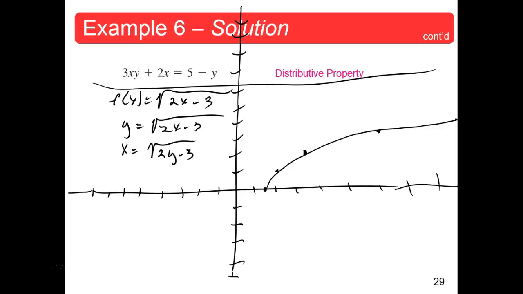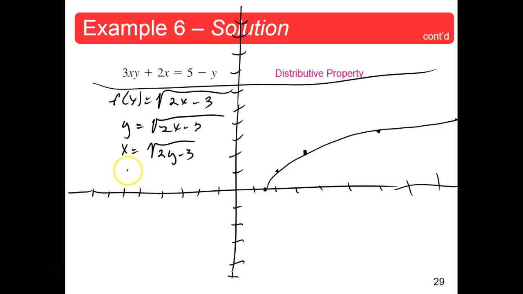So we got to start the process of doing that. What would be the first thing we need to do to free that y? Square both sides. Not square root. Square both sides. You got a square root. How do you undo that?